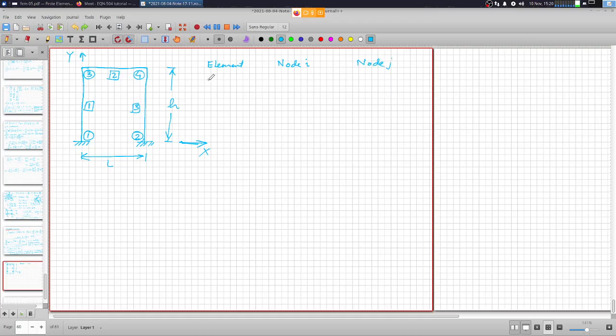node J. So element 1, node I is 1, the coordinates are 0, 0.